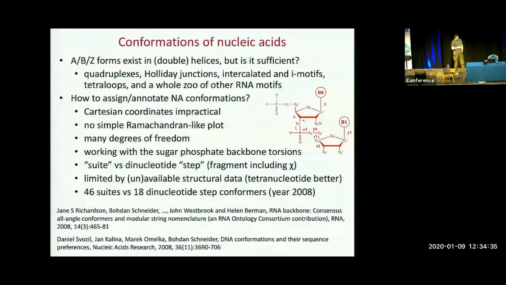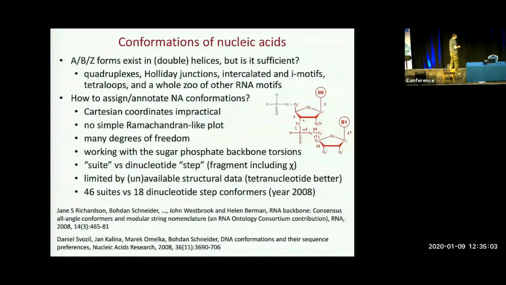Many people tried and failed to find them based on Cartesian coordinates because it's too noisy and you cannot efficiently cluster the data at this level. Also, there is no simple Ramachandran-like plot in two dimensions only. There is some attempt using these so-called eta-theta pseudo-torsions, but again, you cannot really distinguish the real conformations.